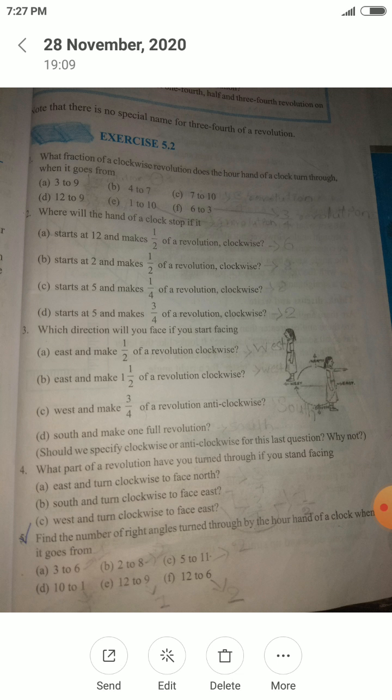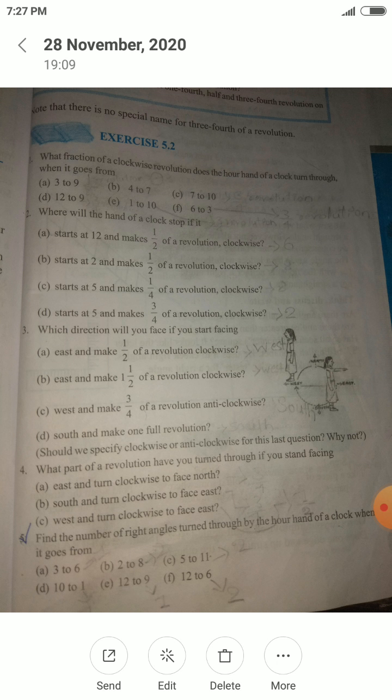B. North and turn anti-clockwise to east is 1 right angle. C. West and turn to west is 4 right angles, because it forms one complete angle, meaning 4 right angles. D. South and turn to north. From south to north is a straight angle. It has 2 right angles.